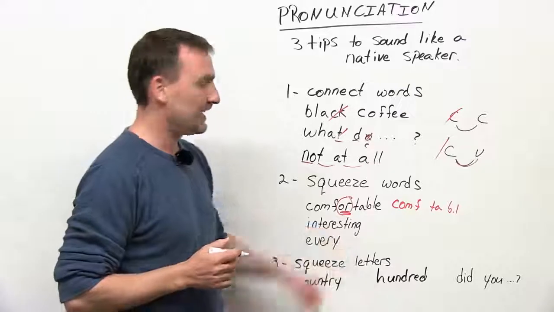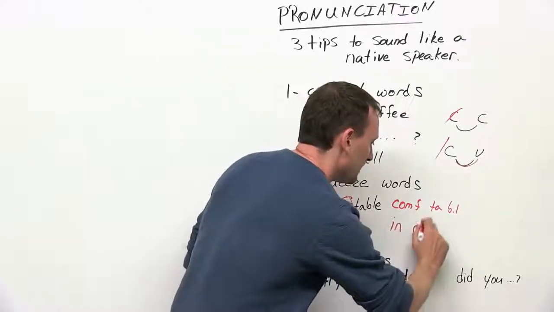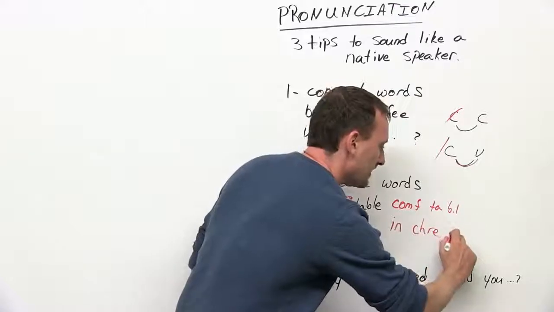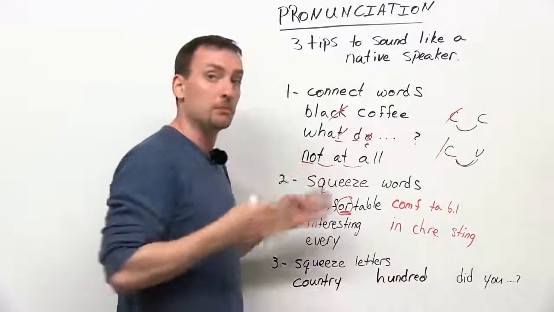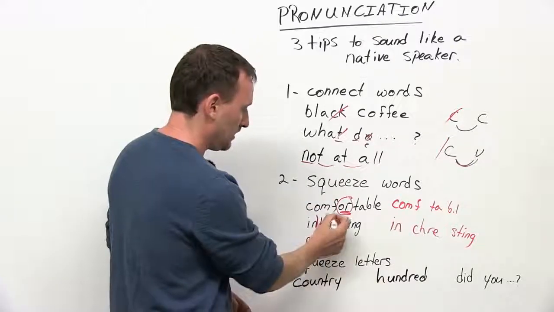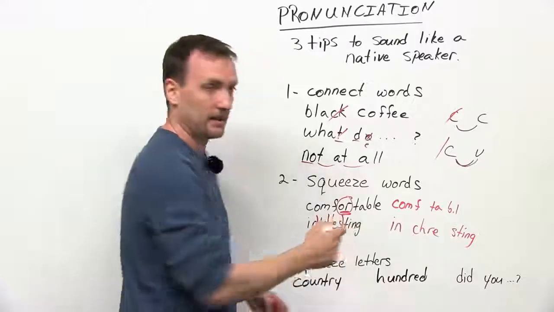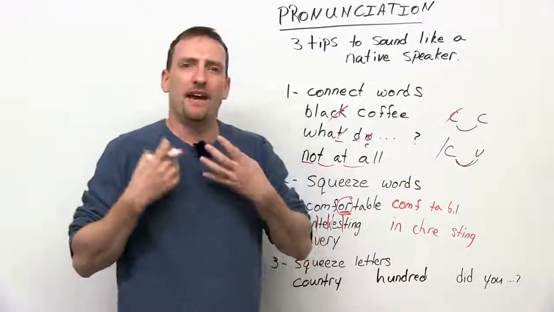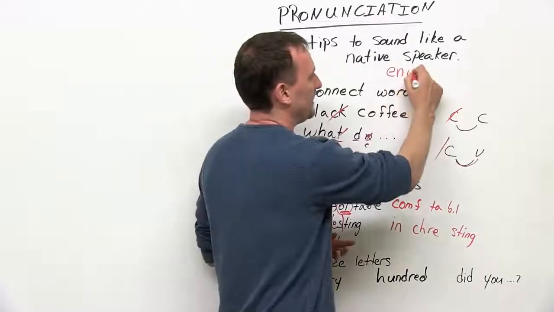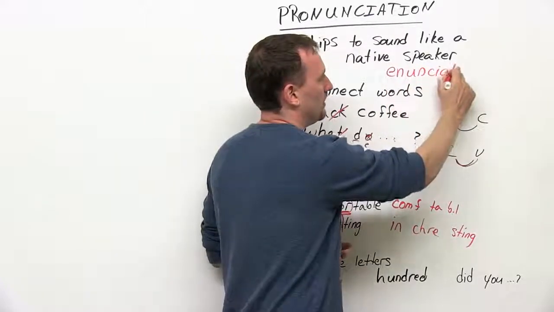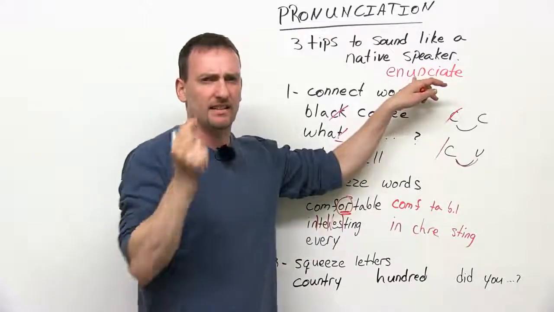Another word like that, interesting. Find out what the syllables are. Interesting. If you want to emphasize something, we have a word called enunciate. When someone wants to emphasize a word, then they enunciate each syllable.